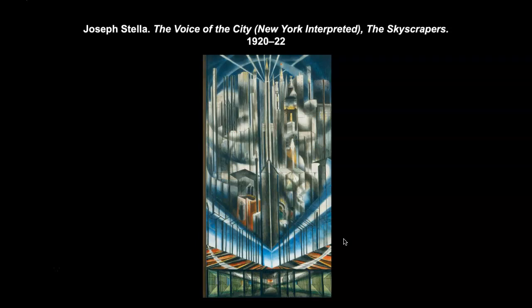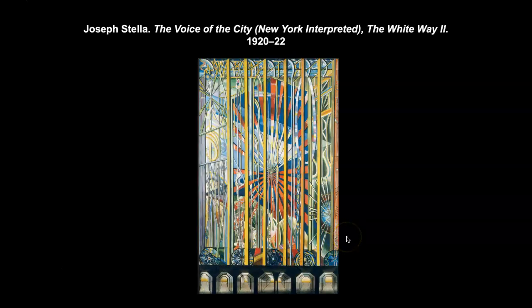This is the Flatiron Building, or the skyscrapers. And so we have, again, New York was really, this is the 20s. We have all these skyscrapers just going up at record pace. So we have them kind of represented in general here. And this is the White Way too. This is the Times Square element. Again, the lights and color.